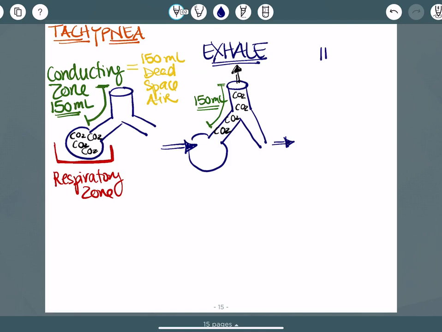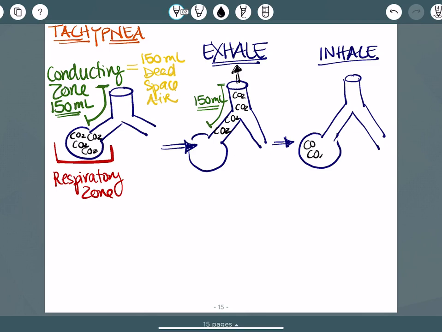Now let's inhale some fresh, clear oxygen from the environment. Here is again our lung. What is the first thing that moves down into the alveoli? Well, it's that same carbon dioxide that was sitting in the dead space, right? And then here comes the fresh oxygen right after it. So this breath, this inhalation, a typical tidal breath is 500 milliliters.